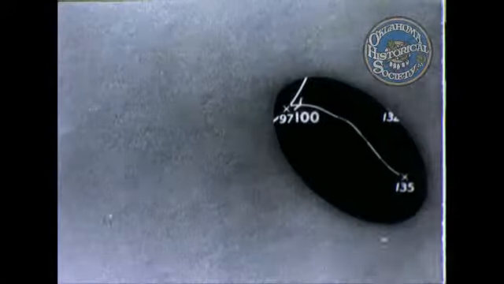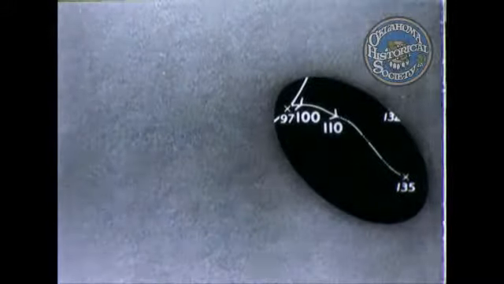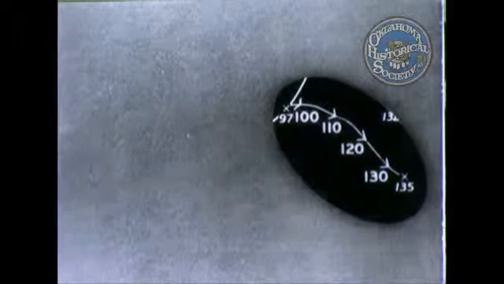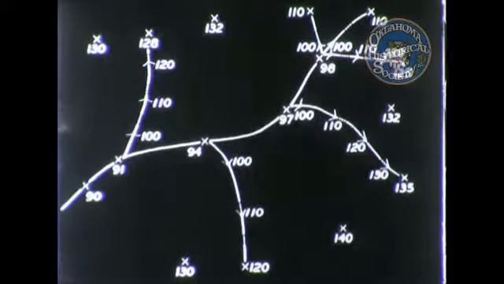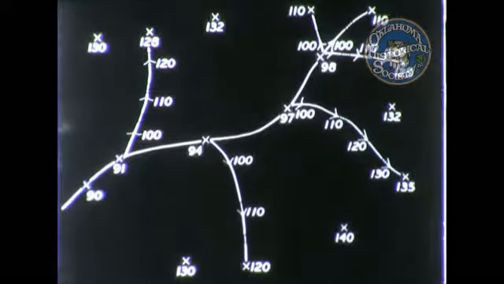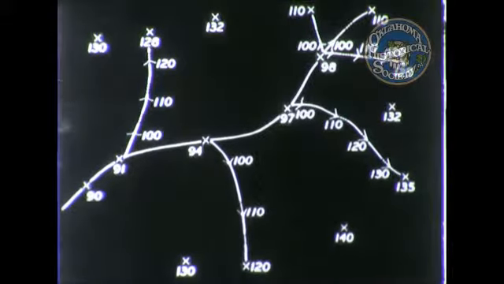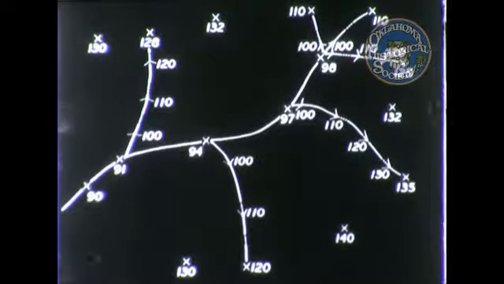Likewise, between 97 and 135, interpolate 100, 110, 120, and 130. In a like manner, interpolate the contour crossings along each tributary from its source to its confluence with the main stream. The contours cross the streams at equal intervals, at points whose elevations are multiples of 10.